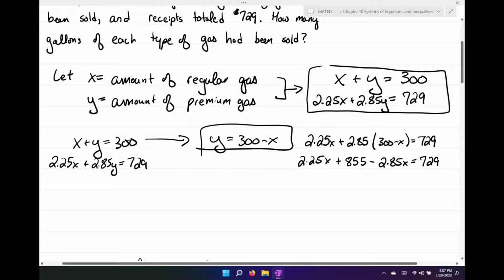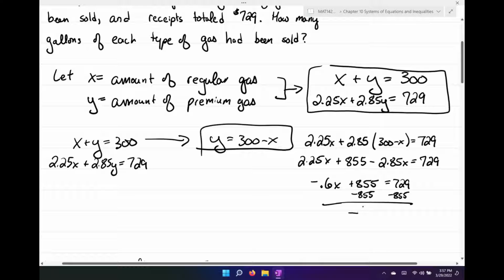Now I'm going to group like terms. So 2.25 minus 2.85 is negative 0.6x, plus 855 equals 729. Now I will subtract 855 from both sides.